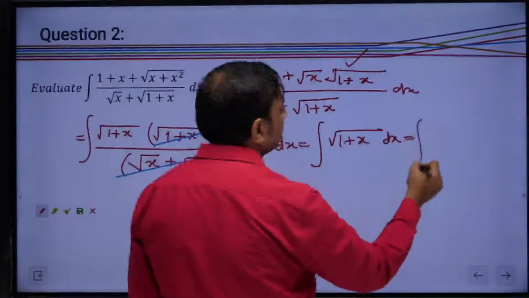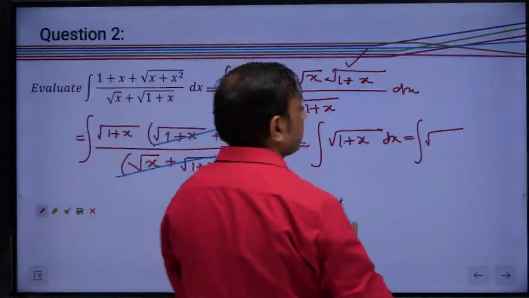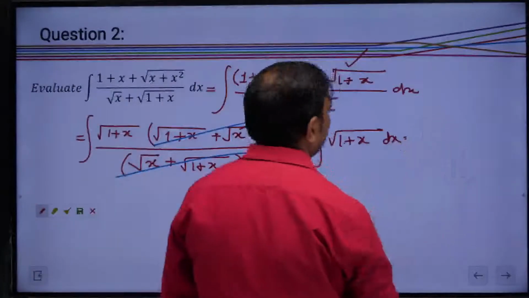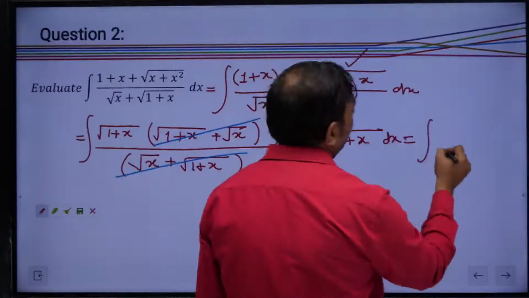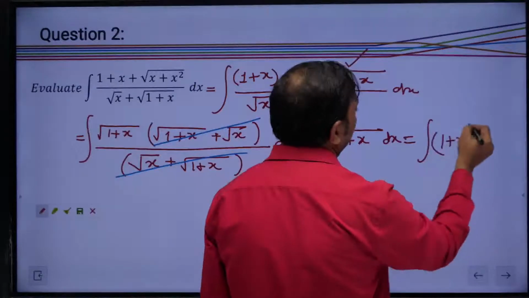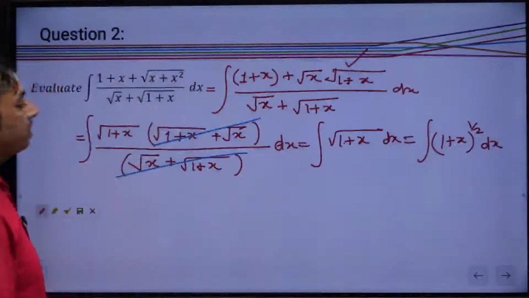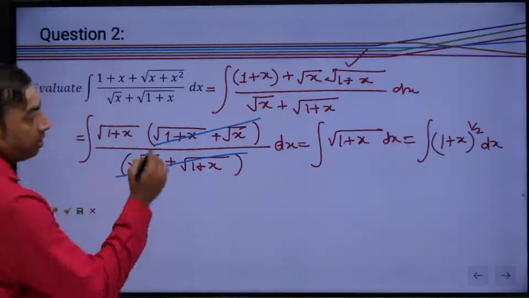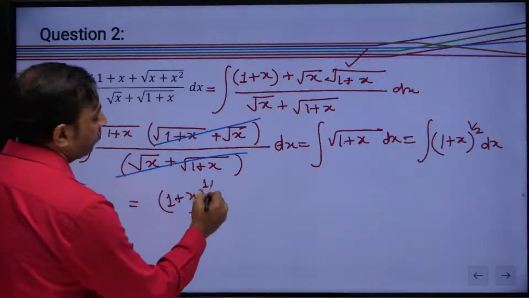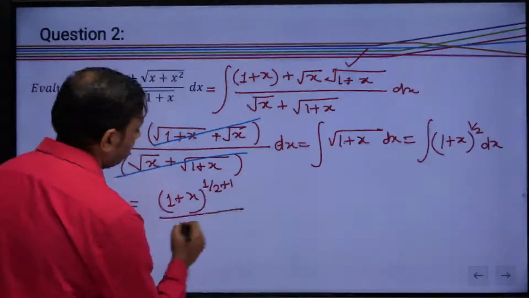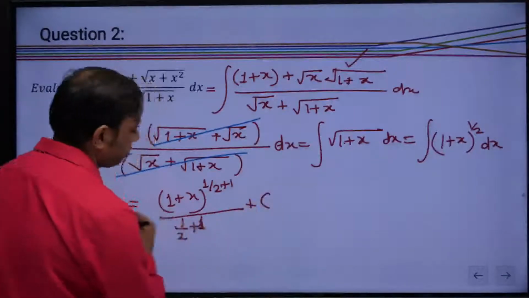The square root sign can be written as the integration of 1 plus x to the power half. We can convert the square root sign into powers, and now we can apply the formula, and as per the formula this integration will be 1 plus x to the power 1 by 2 plus 1 upon 1 by 2 plus 1, and I need to add one integrating constant.